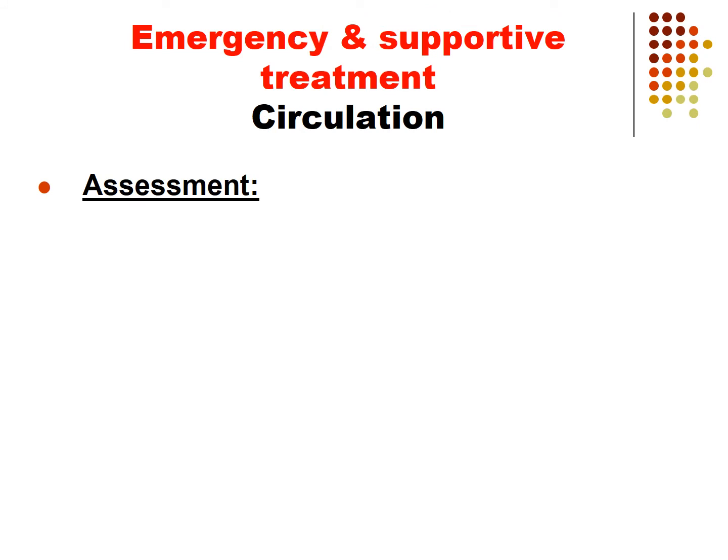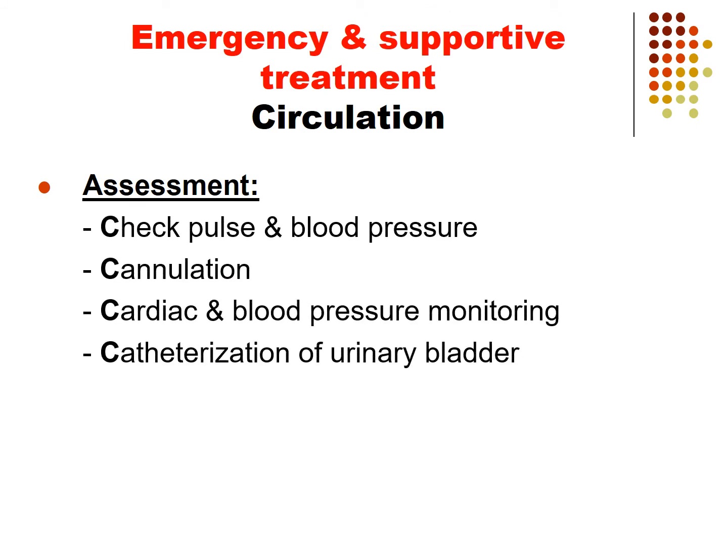Dealing with the circulatory problems, first check the pulse and the blood pressure. You may cannulate the patient. Insertion of a cannula may be important to withdraw a blood sample and to be able to inject drugs and large amounts of fluids. Also, cardiac and blood pressure monitoring, continuous monitoring in emergency cases.